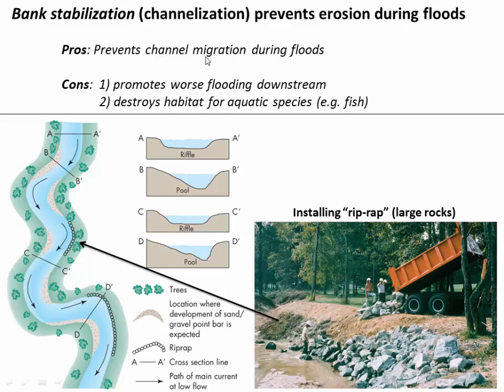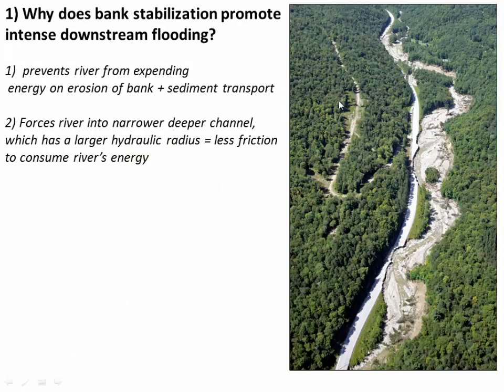It prevents channel migration during floods, so mission accomplished for sure, but there's a couple side effects, which we'll call cons or drawbacks of bank stabilization. One is that they promote worse flooding downstream, and the other is that they destroy habitat for aquatic species, like fish.